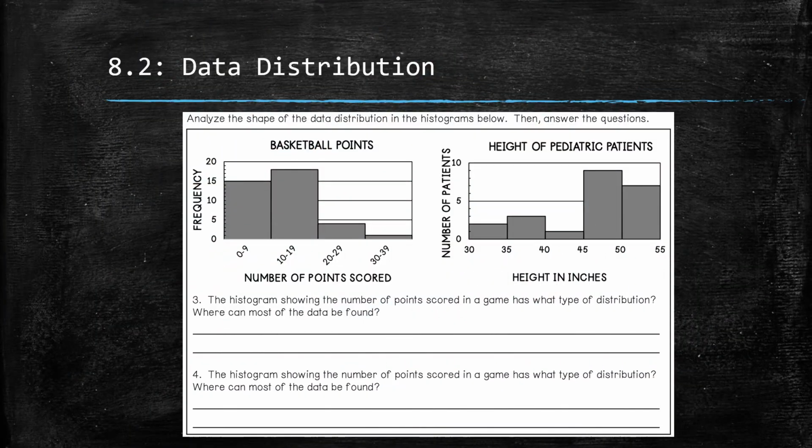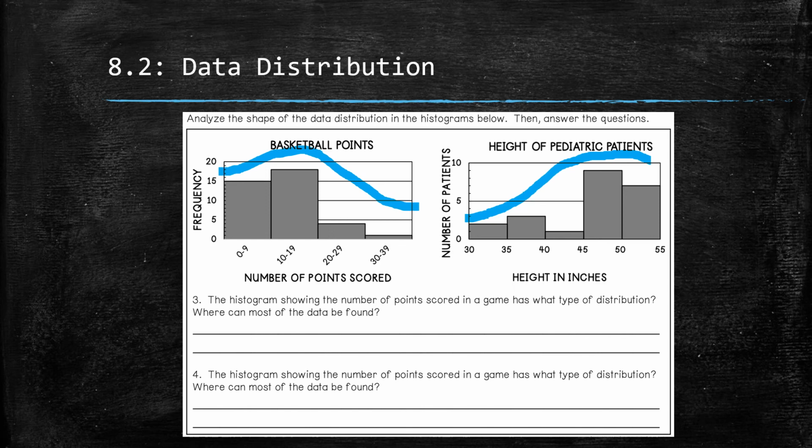Now we're going to analyze a histogram. And I know that we haven't discussed histograms yet. However, we still can look at it and be able to answer questions about that data distribution. I can click on the right pen here. I can go ahead and see that visual of if it's skewed or symmetrical.